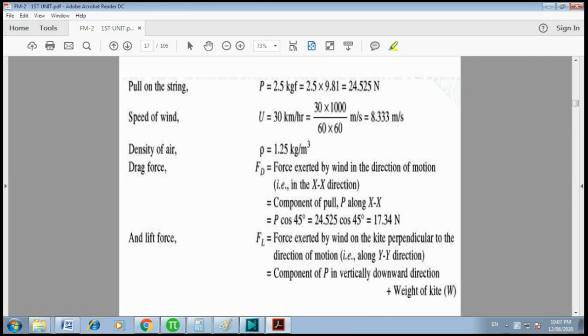And now FL: the vertical component of this pull is nothing but the lift force, the component of P in the vertically downward direction, plus the weight of the kite. Two forces are acting in the vertical direction, so we have to consider both.